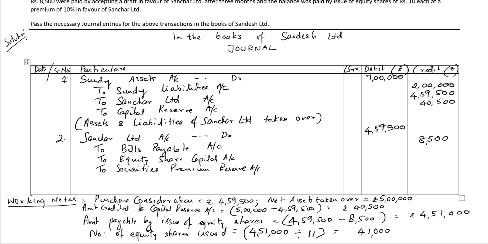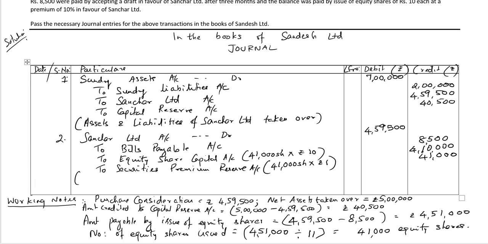So number of equity shares issued is 41,000 equity shares. Against equity share capital, 41,000 shares multiplied by the face value of rupees 10 per share comes up to 4,10,000 rupees. And against securities premium reserve, 41,000 shares multiplied by rupee 1, which is the premium per share, is 41,000 rupees.